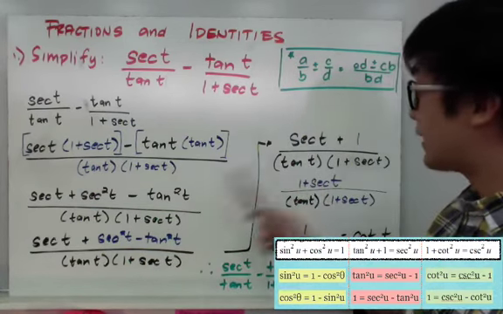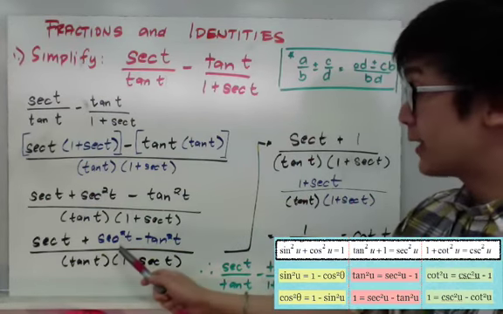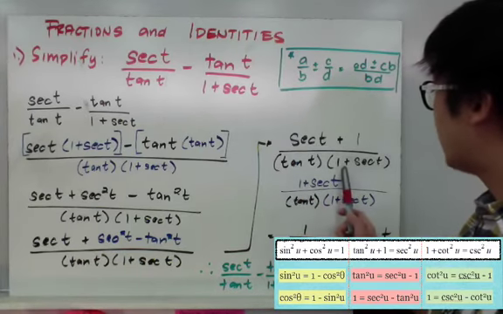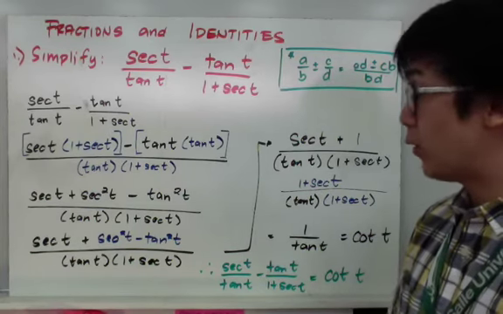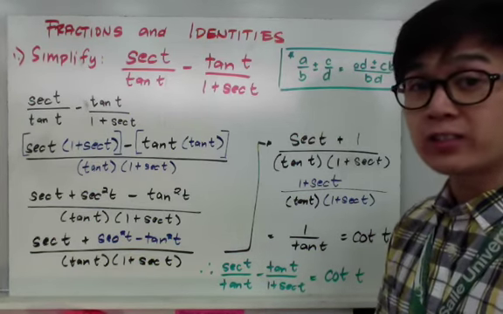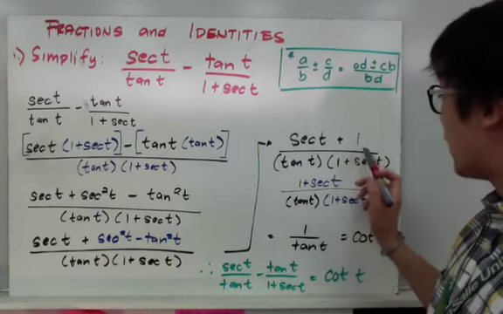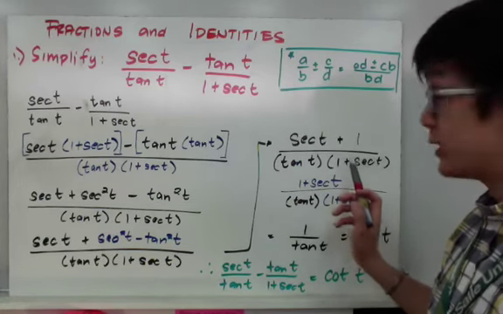So I have secant t plus 1, because from the Pythagorean identity, secant squared t minus tangent squared t is equal to 1, all over tangent t times 1 plus secant t. And just like what I mentioned a while ago, I did not simplify my denominator because I know that I'll be able to cancel it eventually. And that's what happened here. Secant t plus 1 is the same as 1 plus secant t because addition is commutative.